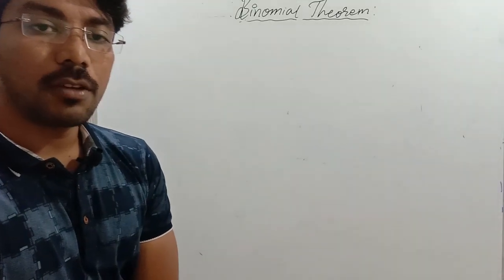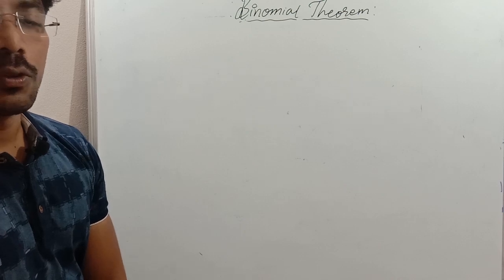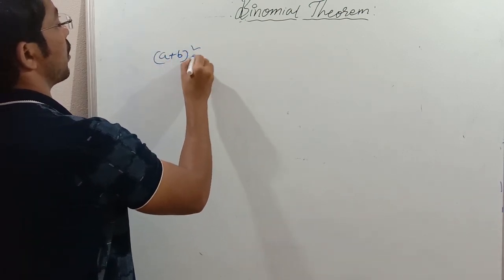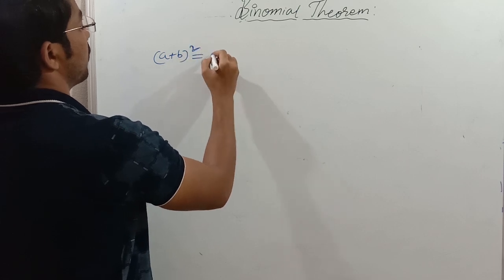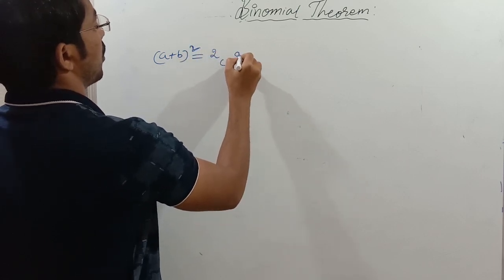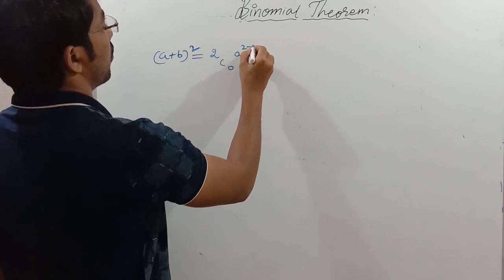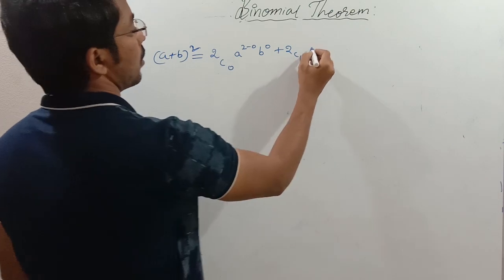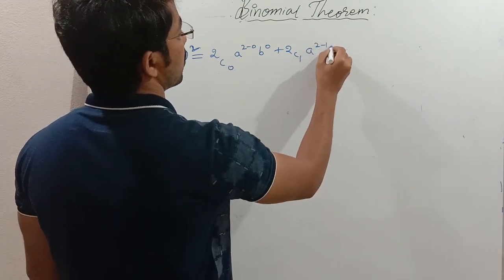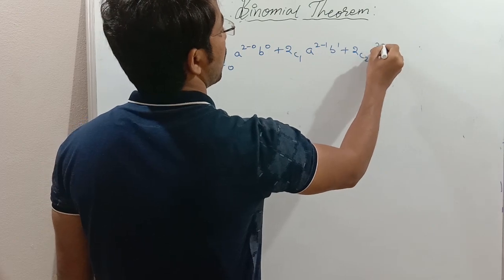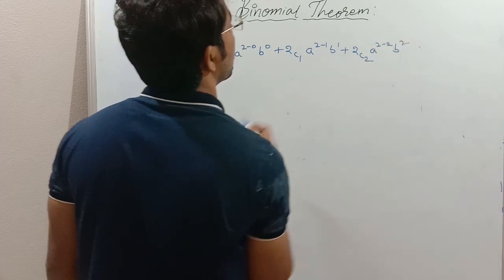Now let us derive the formulas using the binomial theorem. (a+b)^2 is equal to 2C0 a^(2-0) b^0 plus 2C1 a^(2-1) b^1 plus 2C2 a^(2-2) b^2.